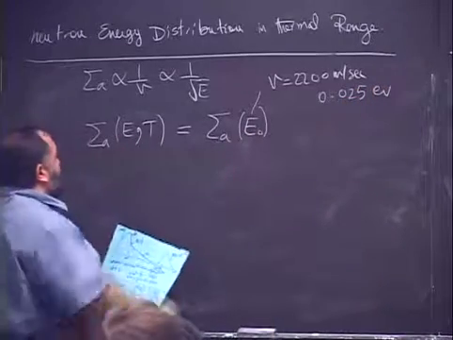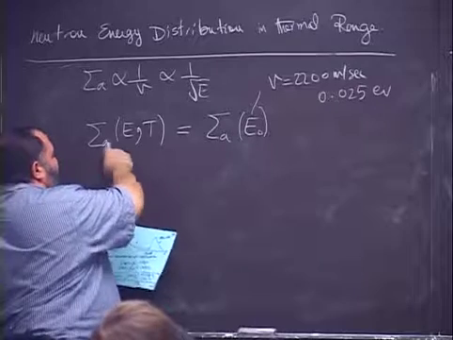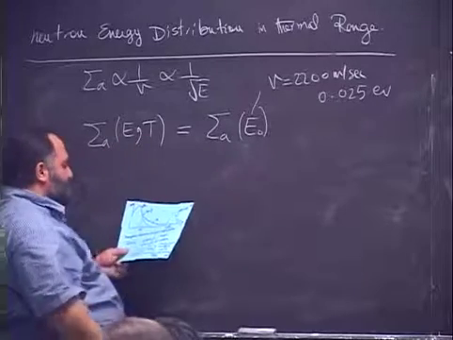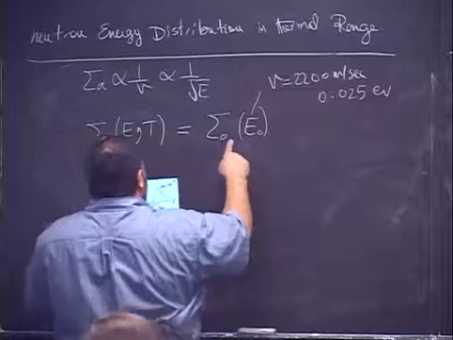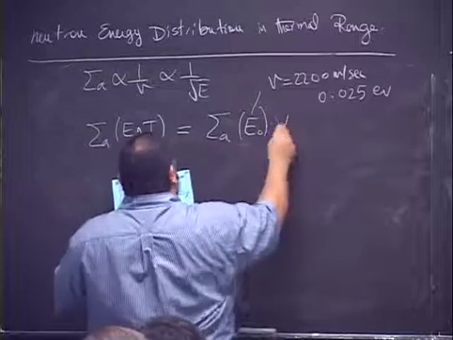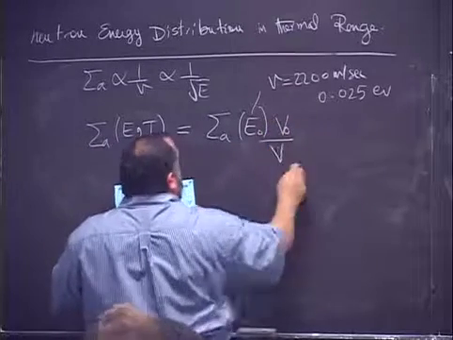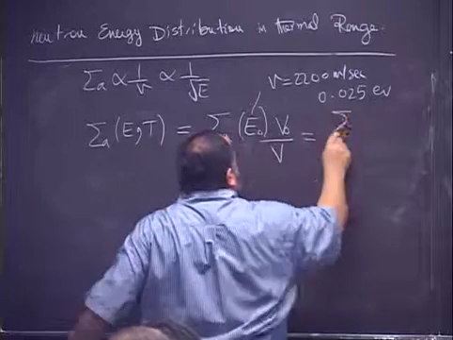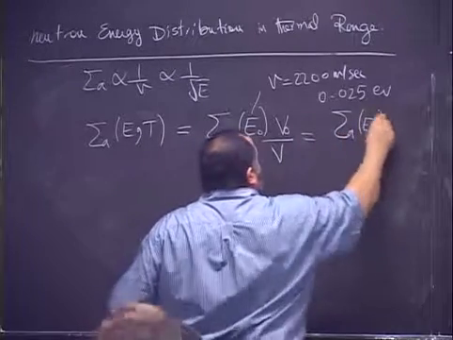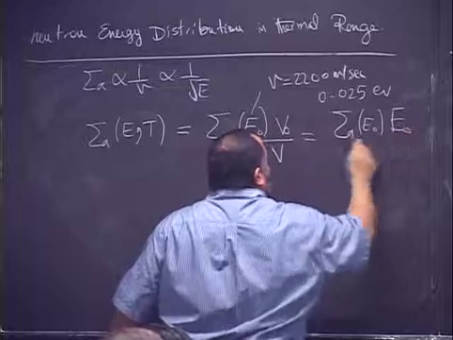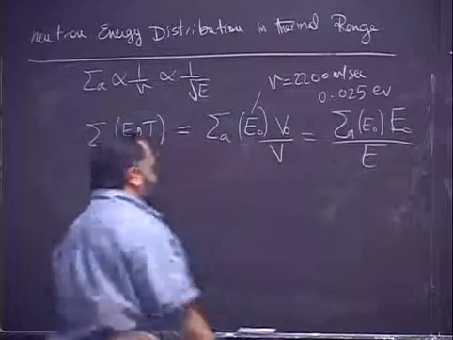So you can calculate sigma absorption at E and T as sigma absorption at E naught multiplied by V naught divided by V, or vice versa, sigma absorption at E naught multiplied by E naught divided by E.